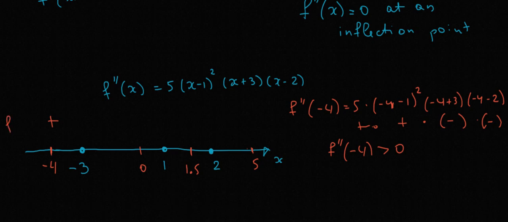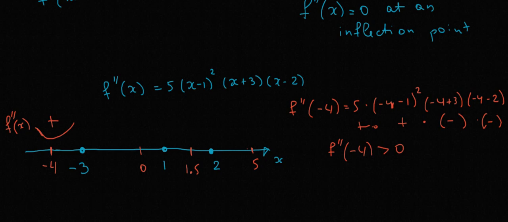This is a sign diagram for the second derivative of our function. And basically what this is telling us is that the function f of x is concave up on the first interval. Repeat this process for the other test points. I will skip the calculations and will just tell you the results, and please confirm that.